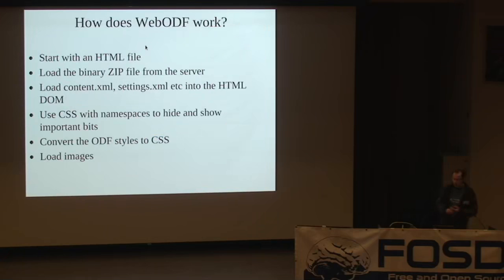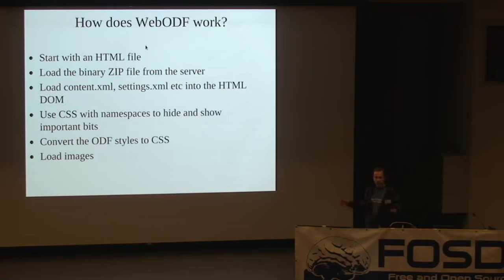So how does webODF work? Well, you start with an HTML file, and in your HTML file you figure out what the path to the zip file is, and you start loading it. The loading is usually done with an XML HTTP request, which gets the binary data, and it doesn't get the whole file at once.